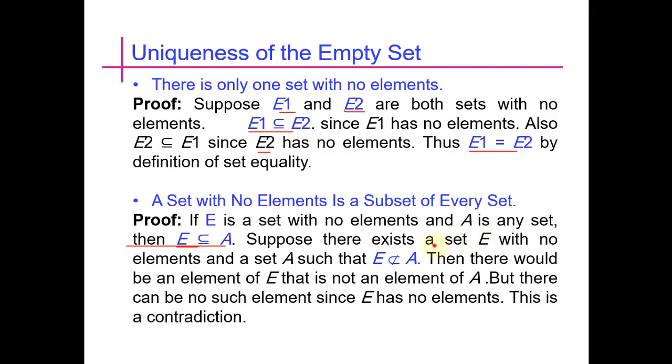Suppose there exists a set E with no elements and a set A such that E is not contained in A. Then there would be an element of E that is not an element of A. But there can be no such element since E has no elements. So this is a proof by contradiction.